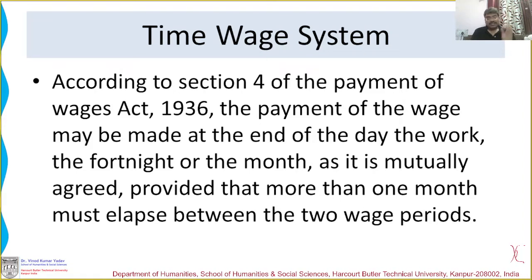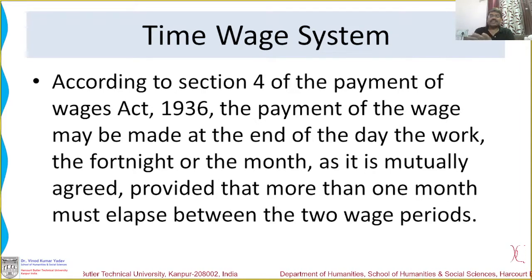Usually what happens when you hire a laborer in the morning for any construction work, you say that for 8 hours you will be given this much wages, say for example 500 or 600 rupees per day. So your quantity of work is not defined. When you say that you will be given per day wages, you cannot ensure the amount of work to be done.